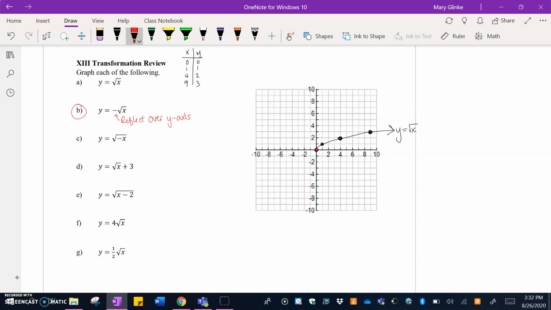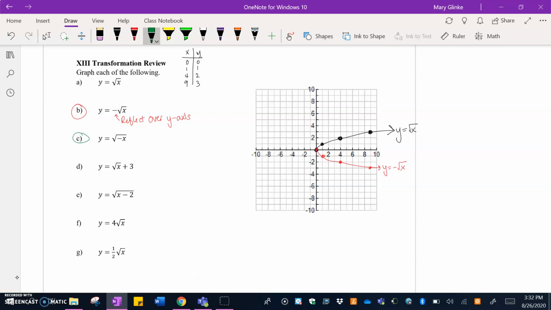So 0, 0 stays where it is. 1, 1 is going to get reflected down, and now it's going to be down here at 1, negative 1. 4, 2 becomes 4, negative 2, and 9, 3 becomes 9, negative 3. So this graph down here is y equals negative square root of x.